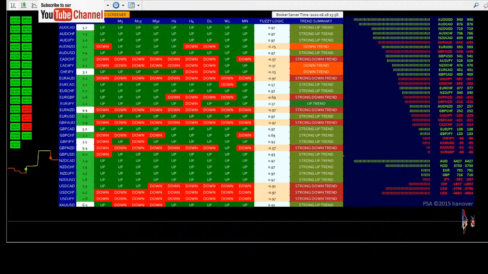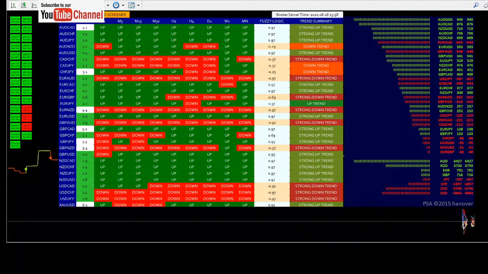Any chance of EU coming back up? I don't know about EU. It doesn't look good right now. It closed a bit below. Maybe it was just a retest for continuation. So we'll have to wait and see. I can't say it's gonna go up.